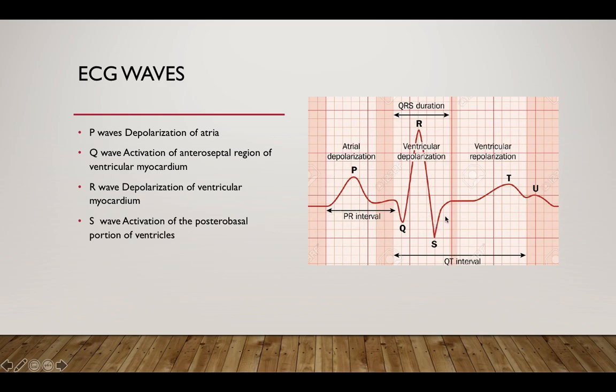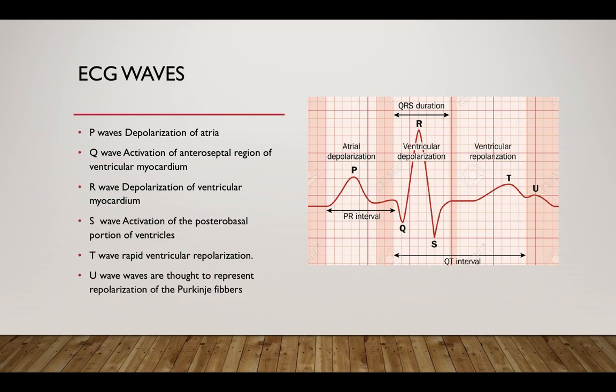But as soon as there is a T wave on the ECG, this T wave illustrates the repolarization. You will see very rarely some U waves, which are thought to be present in response to repolarization of the Purkinje fibers. But very rarely would you see these U waves. So those are the very basic things.